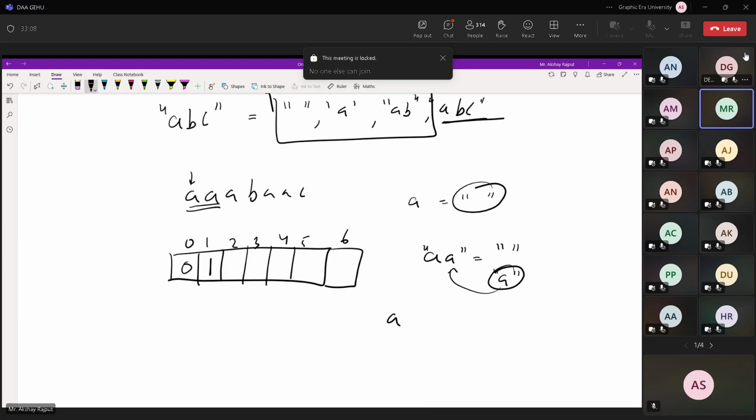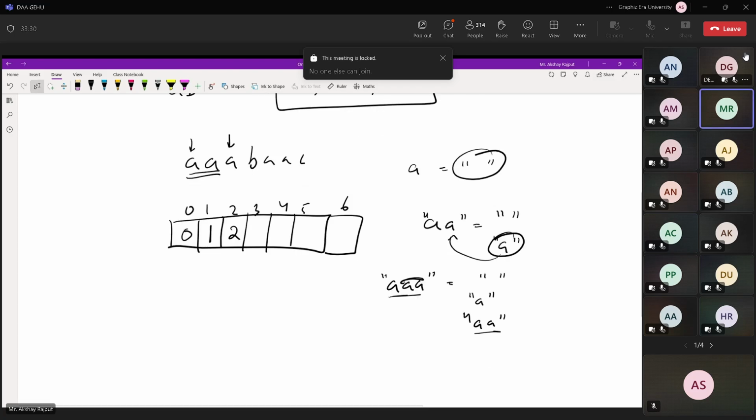Now next is AAA. Proper prefixes are empty, single A, and double A. What is the length of the longest prefix which is also a suffix here? AA is a prefix and it is also a suffix here. So the length is 2.